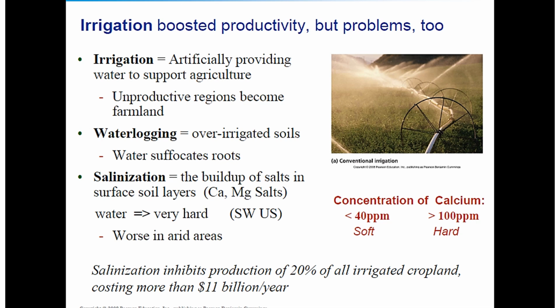When we say irrigation, irrigation is the artificially providing water to support agriculture. Those regions which are not really good for agriculture, because of irrigation, they are already used as farmlands. But then irrigation also caused problems.